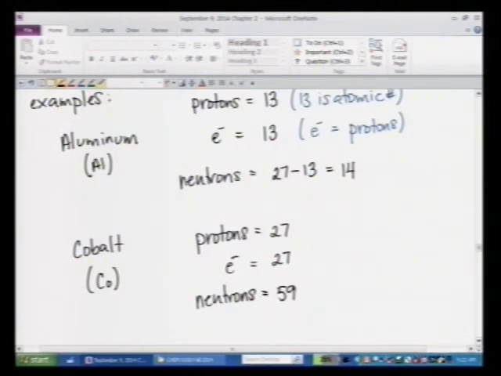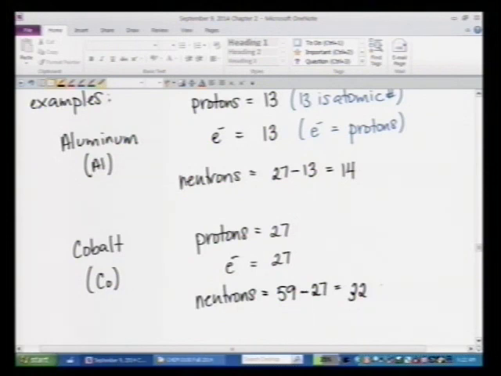So the atomic mass is 59, you'd subtract 27, and you end up with 32 neutrons. Okay. So you need to be able to determine the number of each subatomic particle for all of the elements on the periodic table.